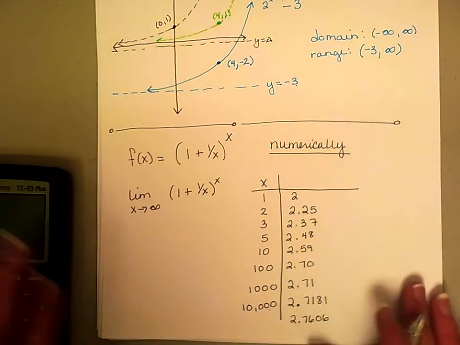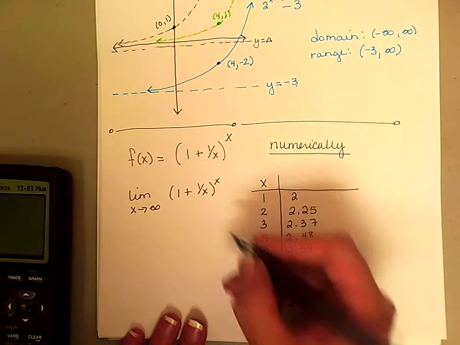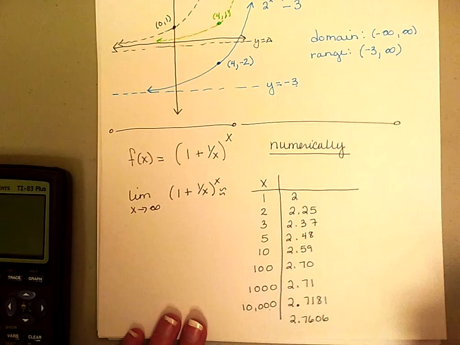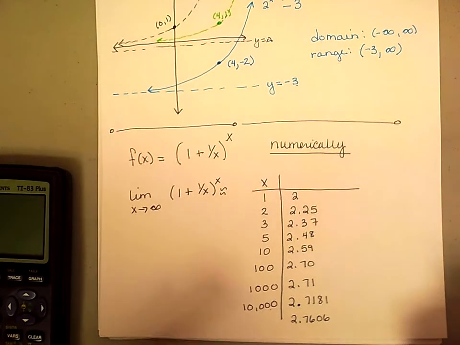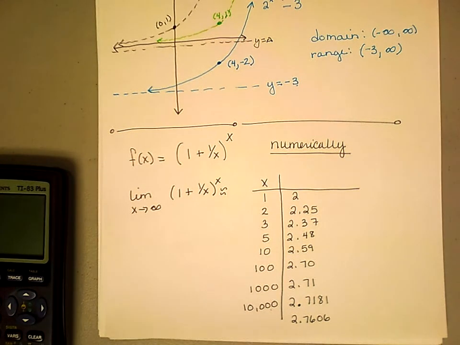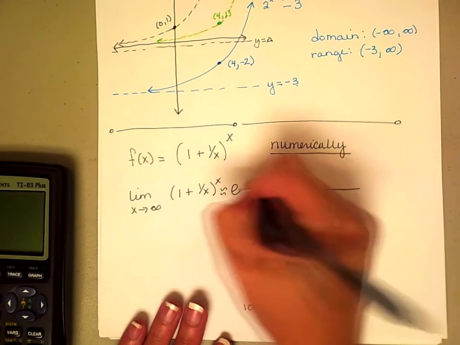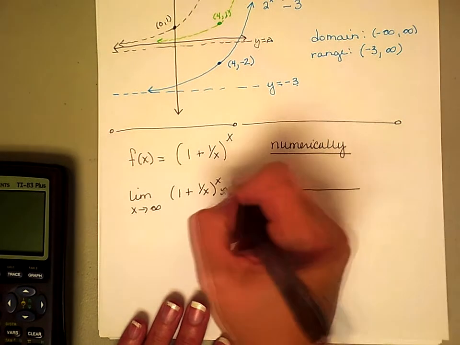So in this way, we see that there is a bound. That is, as x is going to infinity, we're getting some sort of behavior, and this number is an irrational number, and it is known as e.